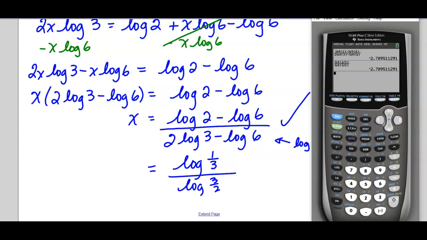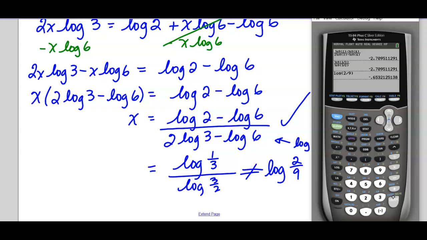Okay, but this is not equal to log of 2/9. So if you see logs with the same base, you do not divide the arguments. You divide them when you're subtracting logs with the same base.